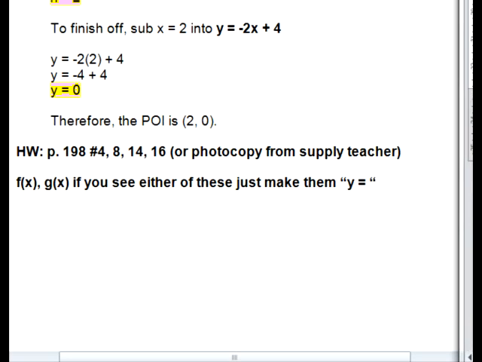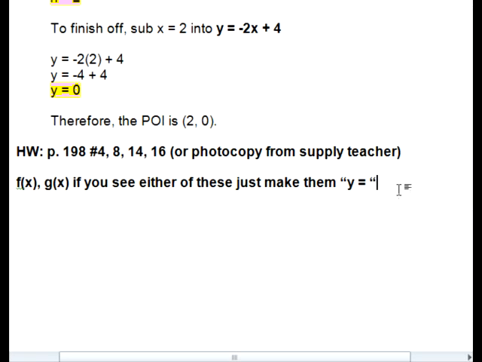So, for example, number 4a says f of x equals negative 2x squared minus 5x plus 20, g of x equals 6x minus 1.